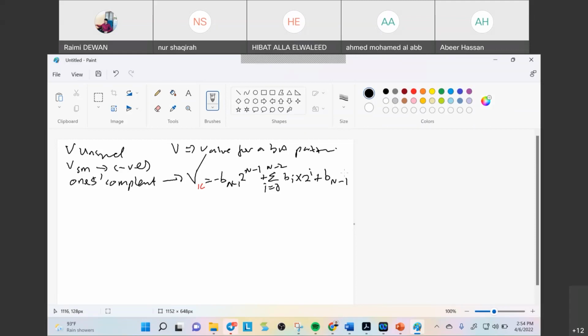Like sign magnitude representation, one's complement has two representations.